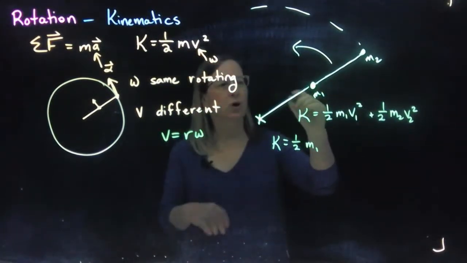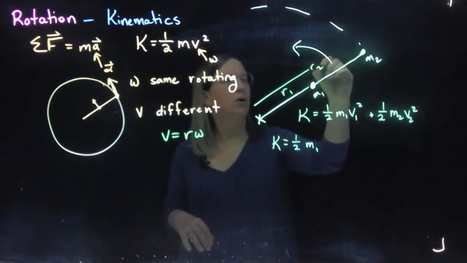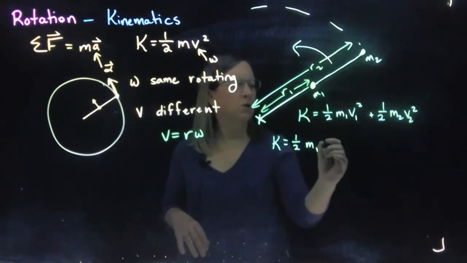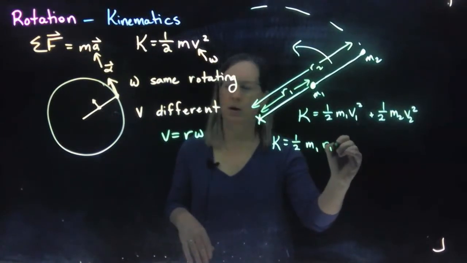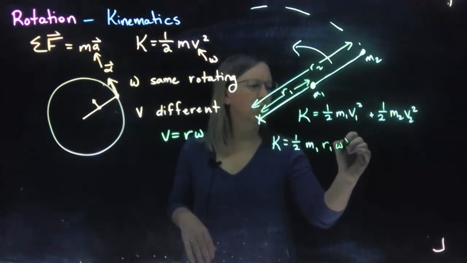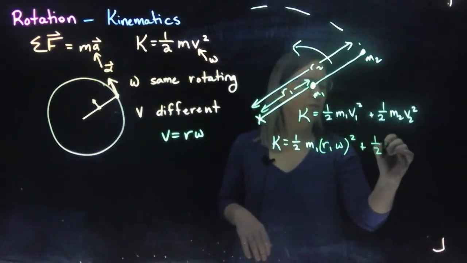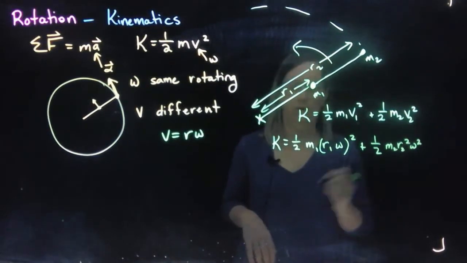So these have different R's, so I would call this R1 and R2. So V1 would just be R1 omega, squared, plus 1/2 M2 R2 squared omega squared.